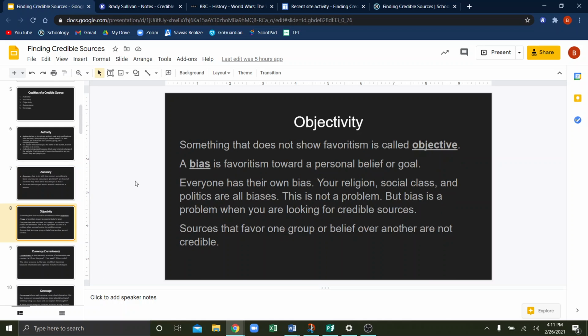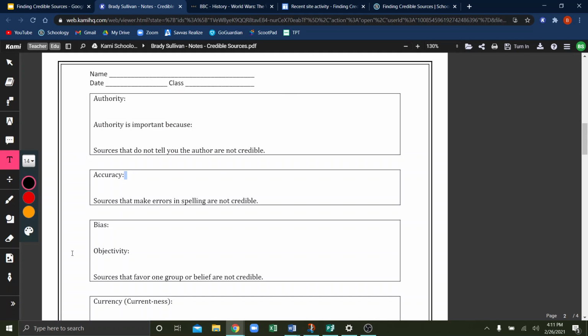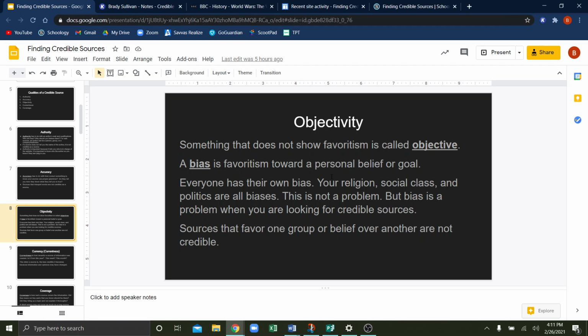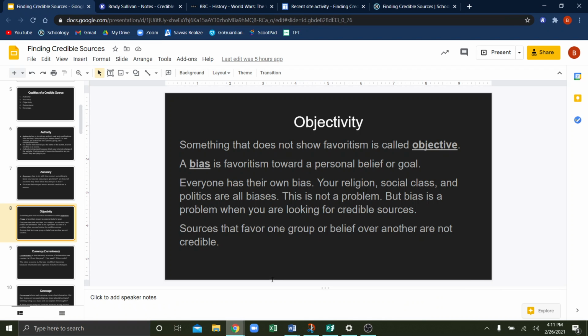Next is objectivity, and on objectivity we have, I'm going to the wrong spot. We have 2 different words to define. The first word we're going to define is objective, and it looks like I might have gotten these out of order. Something that does not show favoritism is called objectivity.